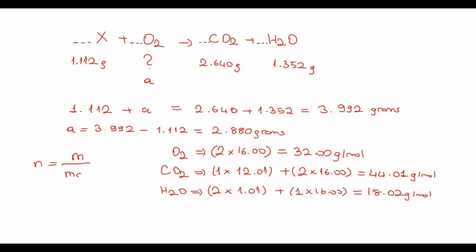Now to find the number of moles of each species, we need to divide their masses by the molar masses. So let's write the equation again and write the masses under.